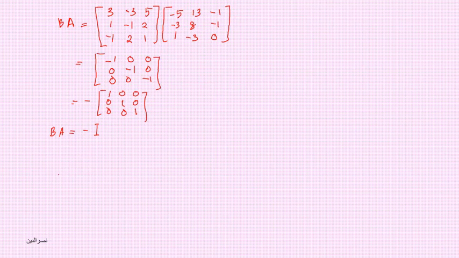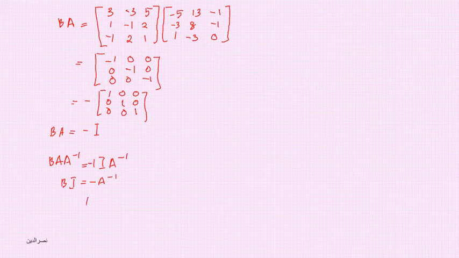So in order to find the inverse of A, we have to multiply this with A inverse. BA times A inverse equals -I times A inverse. So therefore we have -A inverse, and A inverse times A is I. So therefore A inverse equals -B.